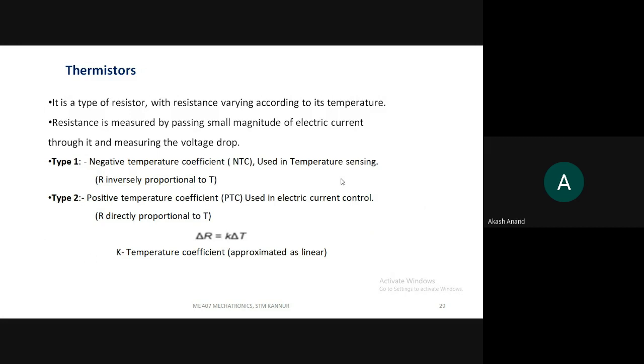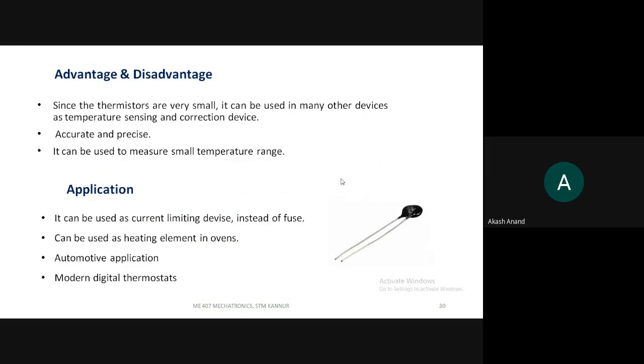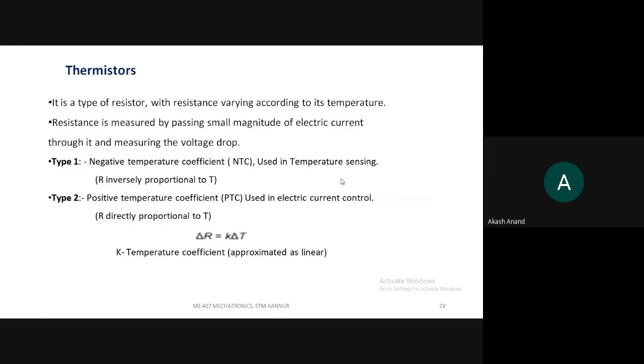Okay. So in thermistors, the resistance is measured by passing a small magnitude of electric current through it and measuring the voltage drop across the thermistor. By conducting a small current through this device, then using a voltmeter, the voltage is measured, and from that value, we are finding the magnitude of temperature.